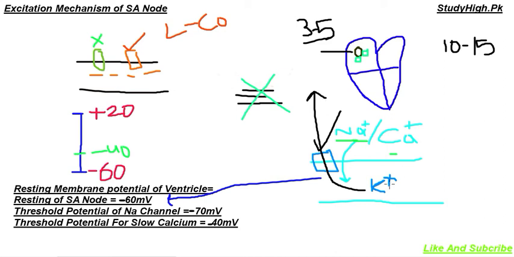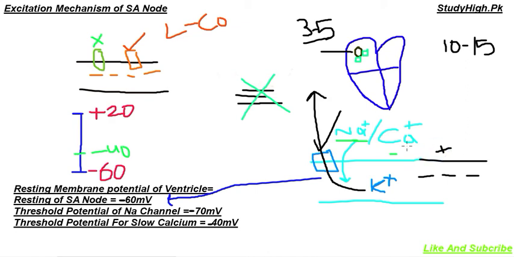A large amount of positive ions moving towards the extracellular matrix makes the inside negative again, and the resting membrane potential, which is -55 to -60 millivolts, will be restored in the SA node. When the action potential is over, the inside becomes more negative as compared to the outside, like in previous conditions.